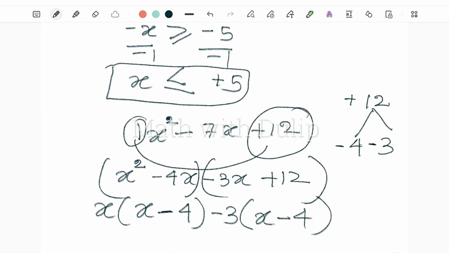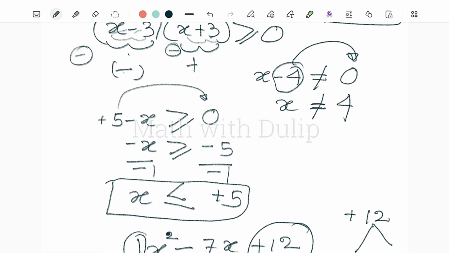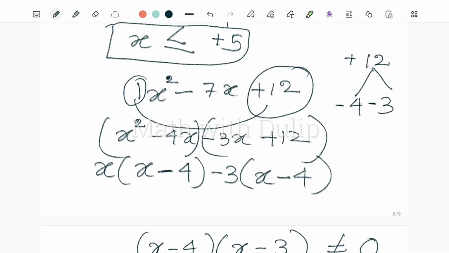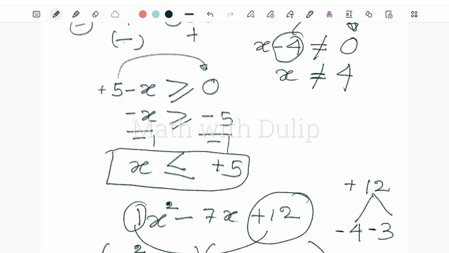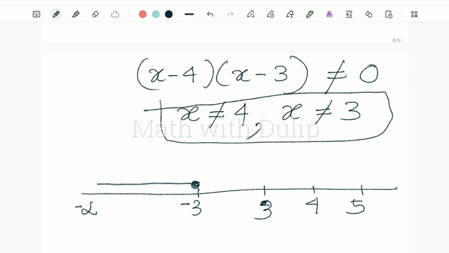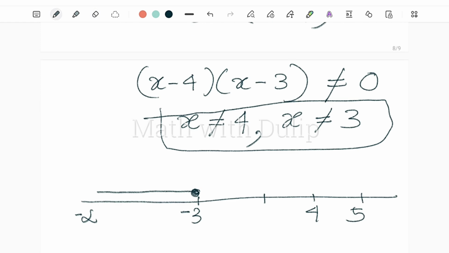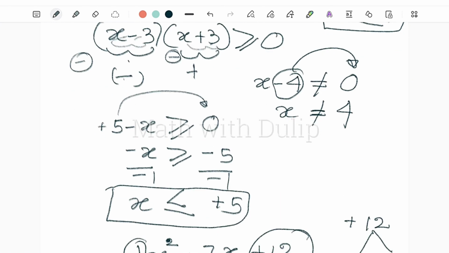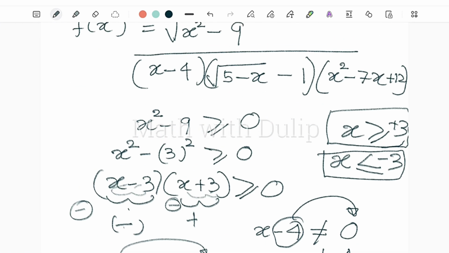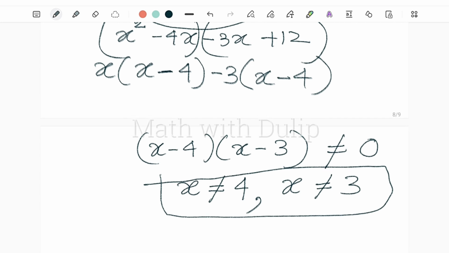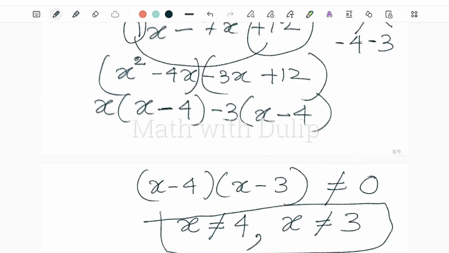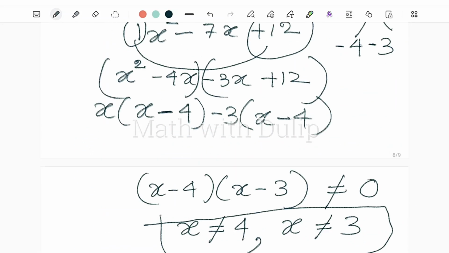Again, any values not equal to 4 and 3, and any values over 3. We don't have any values in between negative 3 and positive 3. Say 0: if you put 0 here, we get negative times positive, so we don't have that value.